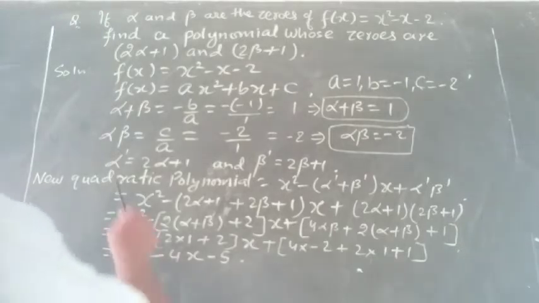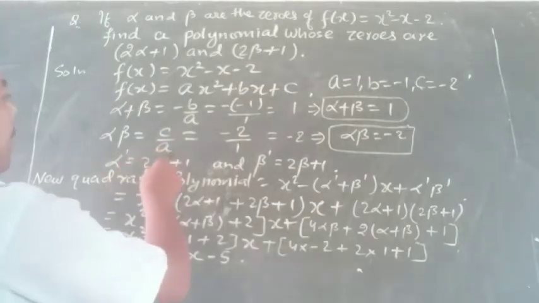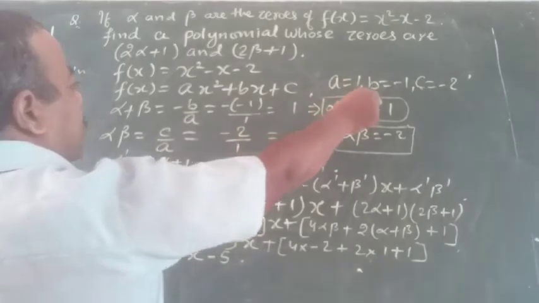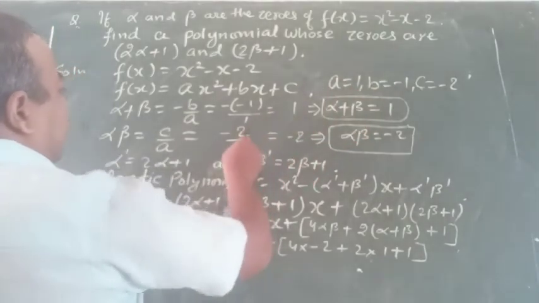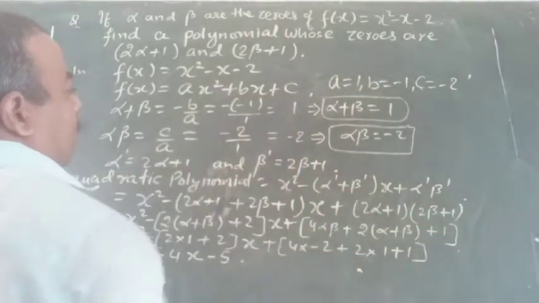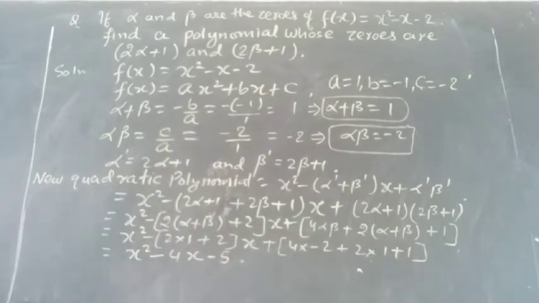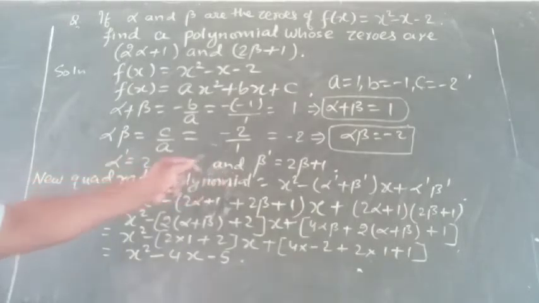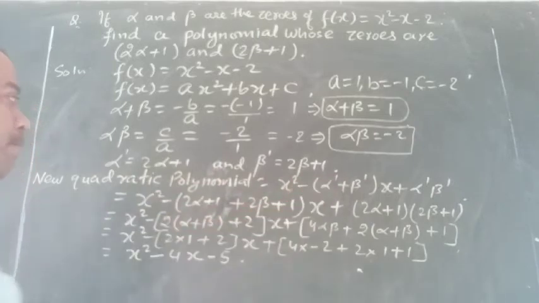Confirm? Now what is the value of alpha into beta? c by a. c is minus 2 and a is 1, minus 2 by 1, that is minus 2. So alpha beta value is minus 2. Now we have to generate another quadratic polynomial where the zeros are alpha dash and beta dash, where alpha dash is 2 alpha plus 1 and beta dash is 2 beta plus 1.